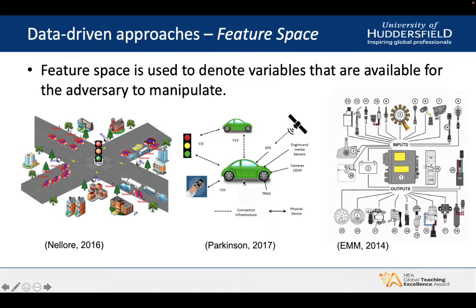Then we've got a more focused image in the middle where we're looking at the different communication protocols that could exist in a collaborative vehicle environment where we've got vehicle-to-vehicle communication going on. We've got different satellite communication, we've got different sensors which are related to distance measurement, and then also communication with infrastructure. These are obviously all parts of traffic management. So this slide is related purely to traffic management, if you've not realised, or autonomous vehicles as well.